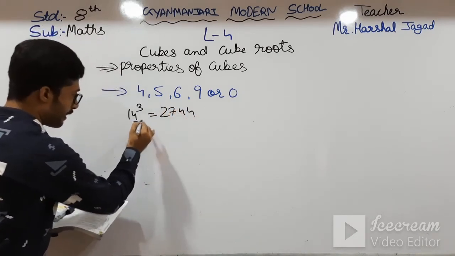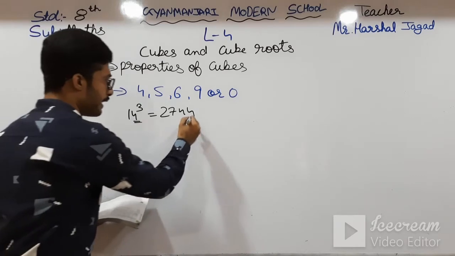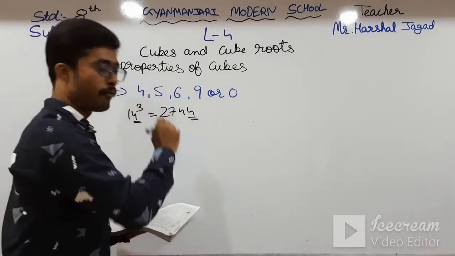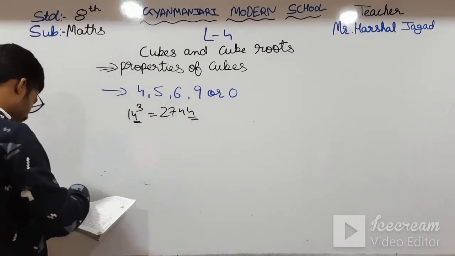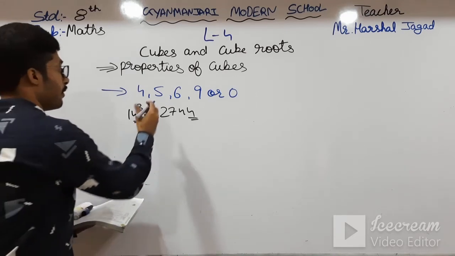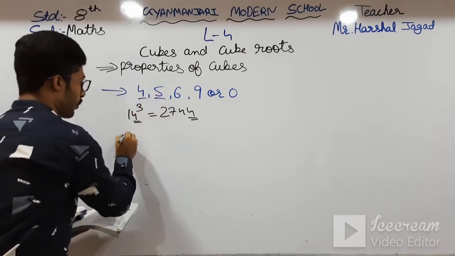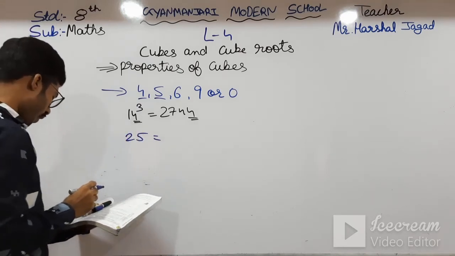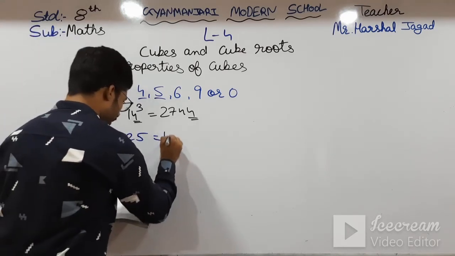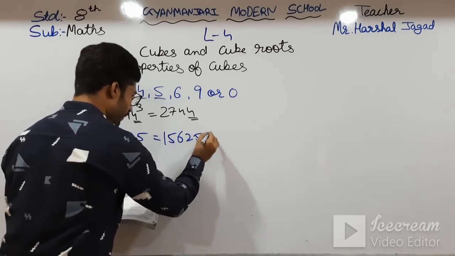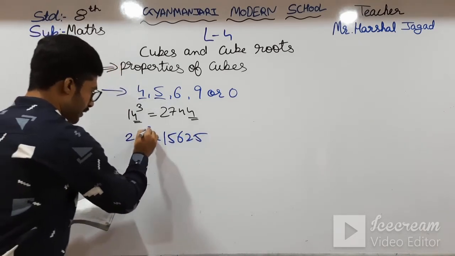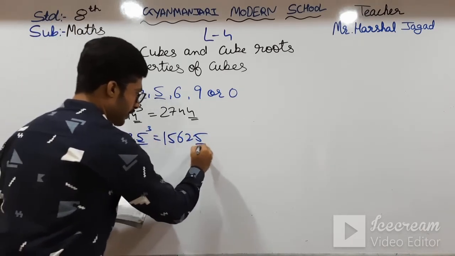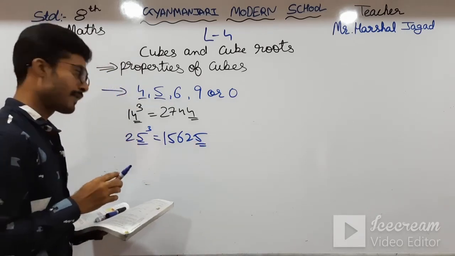You can see here in the unit digit there is 4 and here also in the unit digit there is 4. Okay students, next 25. 4 complete, now 25. What will be the cube of 25? That is 15625. You can see here 5, here also in the unit digit 5.